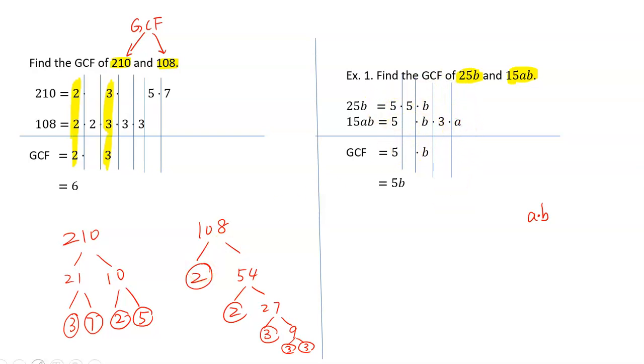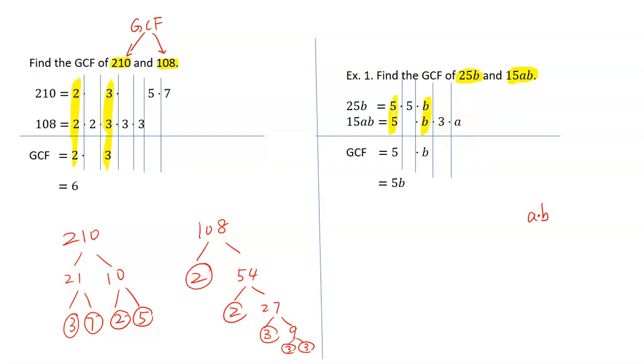So this way, I make sure that same numbers are lined up, different numbers create new columns, and same variables line up. For example, b and b is here, and the 5 and the 5 is here. If there's nothing to match, we always create a new column, for example, for this a.